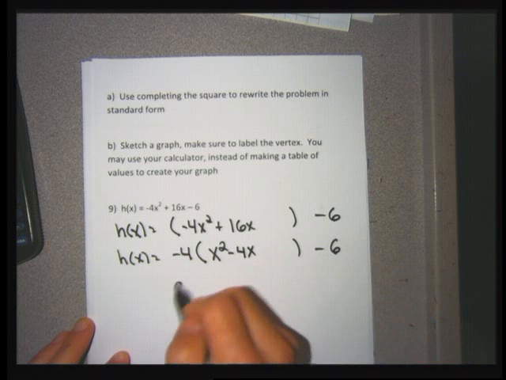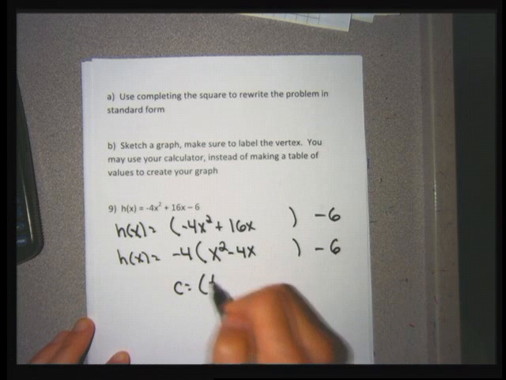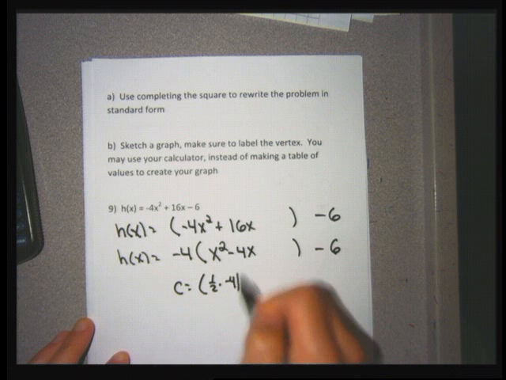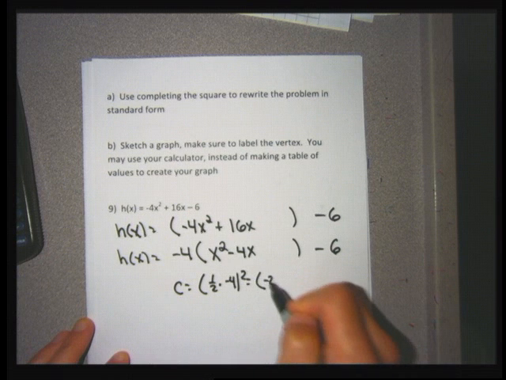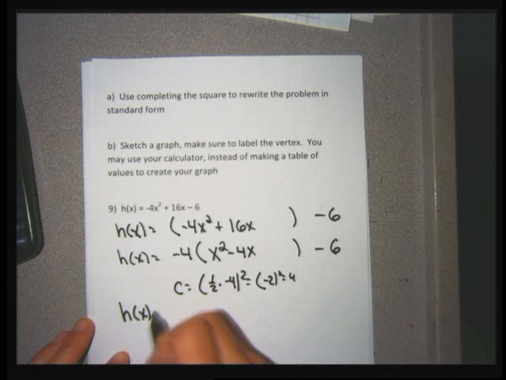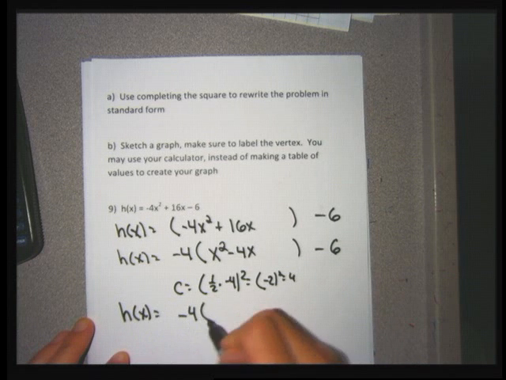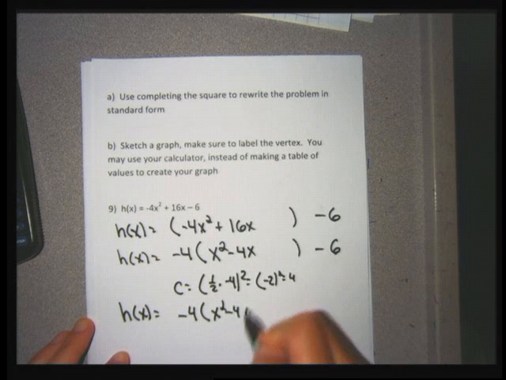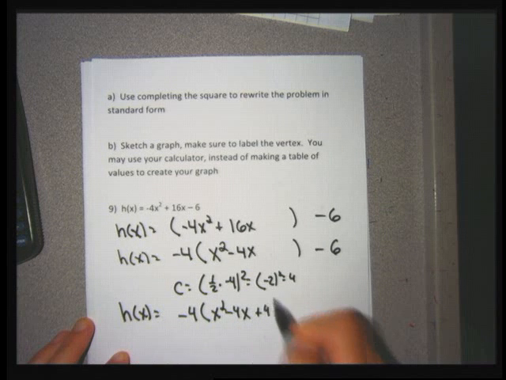Find the c. C is half of negative 4 squared, which is 4. So I get negative 4 times x squared minus 4x plus 4.